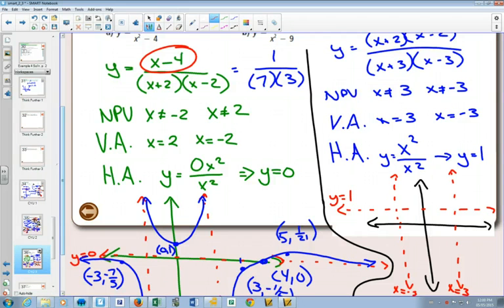Is it easy to find our x-intercepts? Yes. They're at negative 2 and positive 2, because that's the only place the numerator would equal 0. Is it easy to find our y-intercept? Yes, plug in 0 for x, and you're going to get negative 4 over negative 9, which is 4/9.